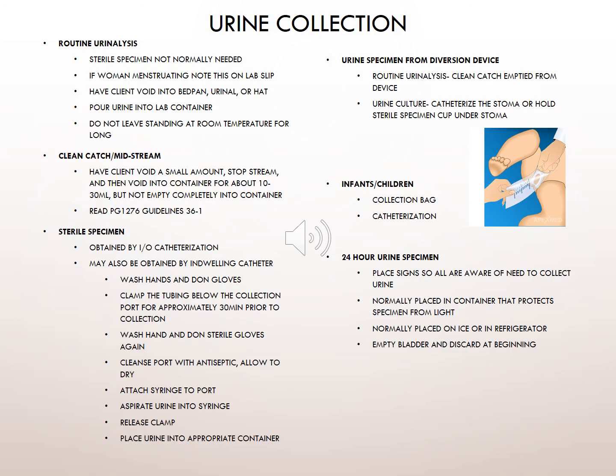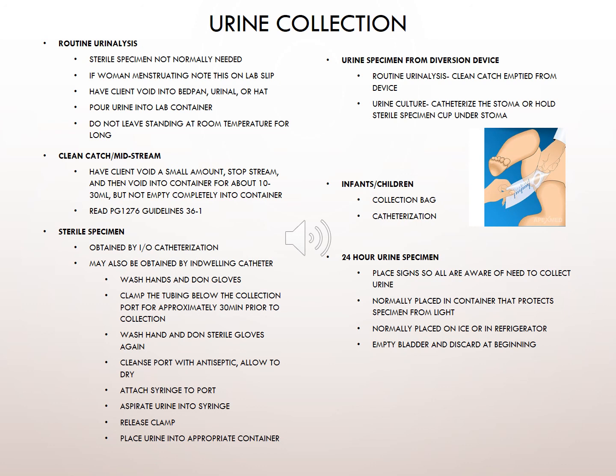If we need to do a urine collection because we need to run a lab on that, this slide consists of different specimens and how to obtain them. For any routine urinalysis, we do not need a sterile specimen.